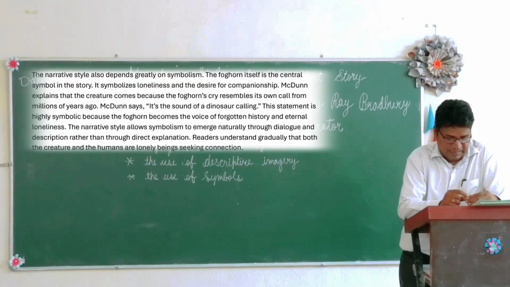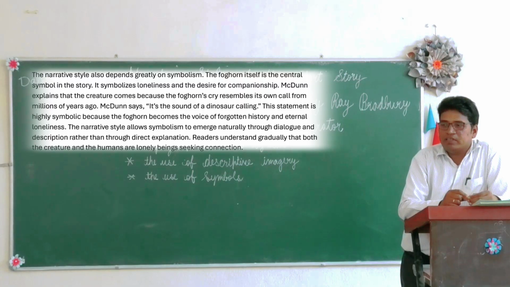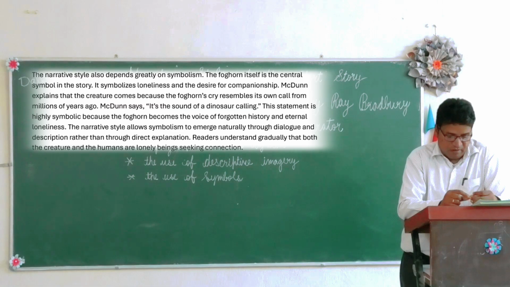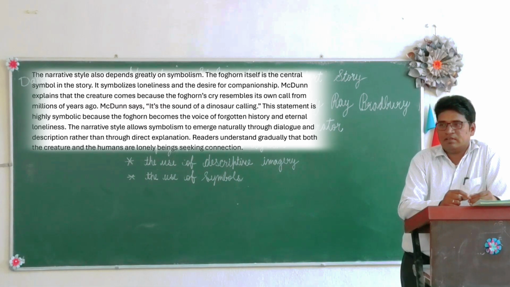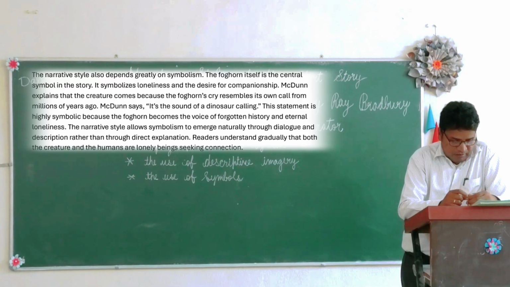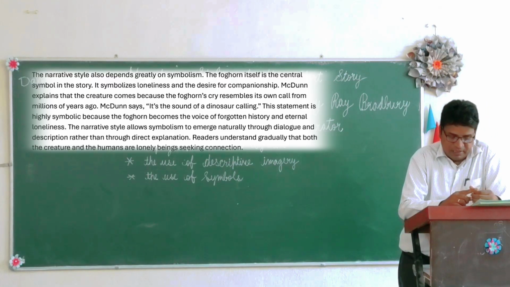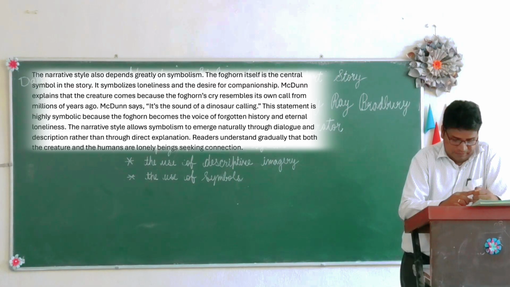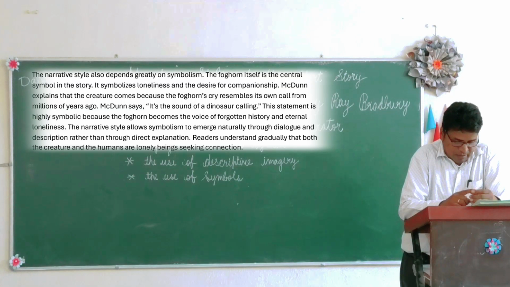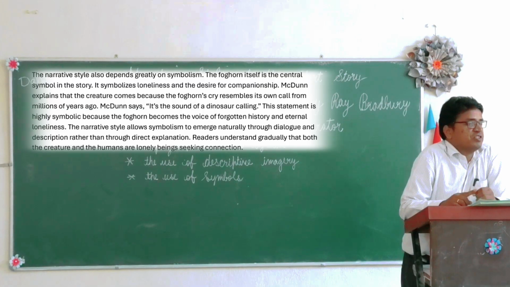This statement is highly symbolic because the foghorn becomes the voice of forgotten history and eternal loneliness. The narrative style allows symbolism to emerge naturally through dialogue and description rather than through direct explanation.